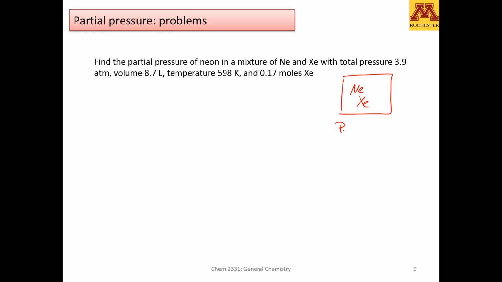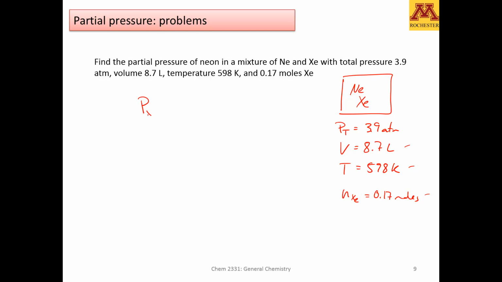What it's saying is that the total pressure is 3.9 atmospheres, the volume is 8.7 liters, and the temperature is 598 Kelvin. And here it's telling you already that the number of moles of xenon is 0.17 moles. So wait a minute. If we can apply the ideal gas law for each of the components, and we already know volume, temperature, and number of moles for xenon, it means we know the pressure of xenon.